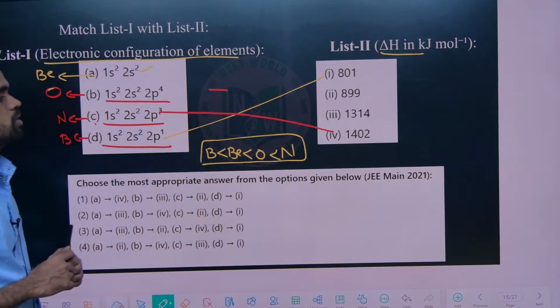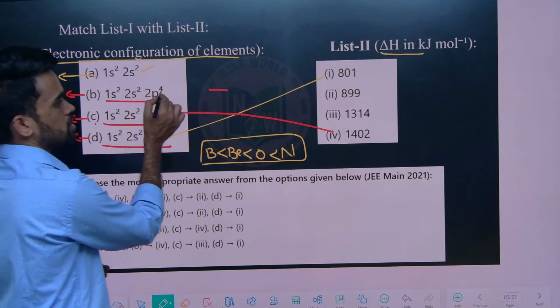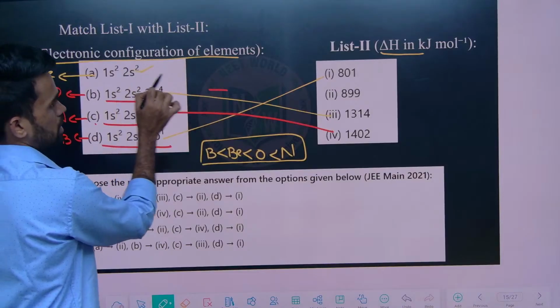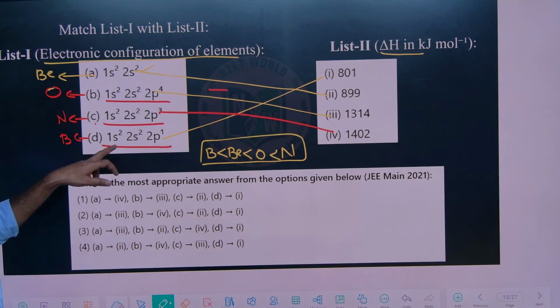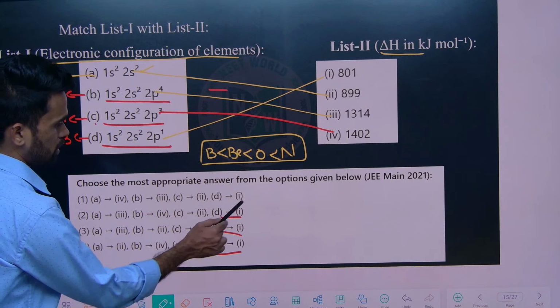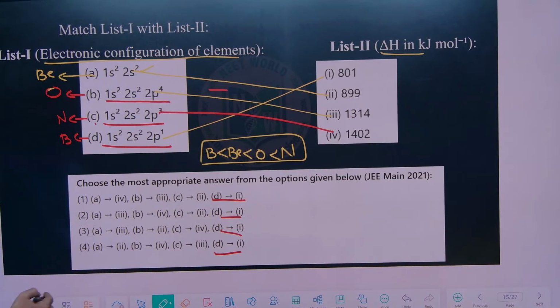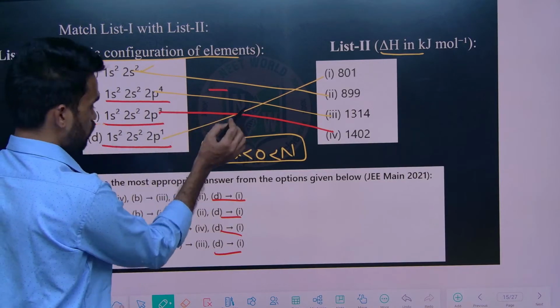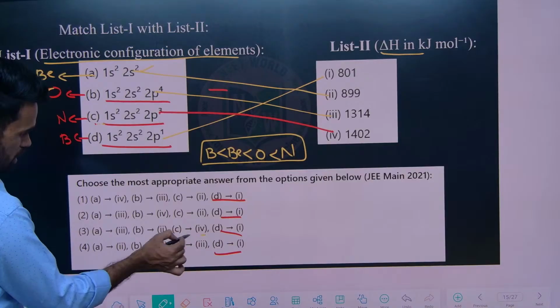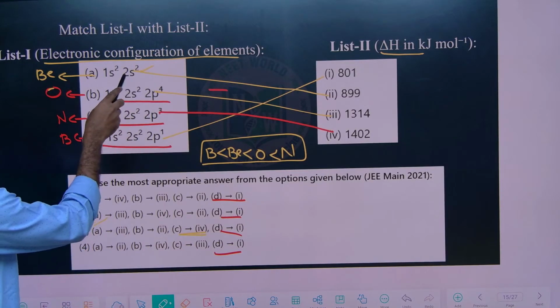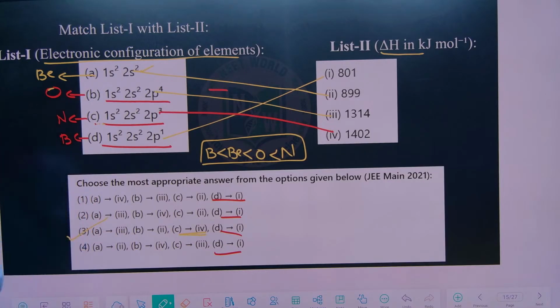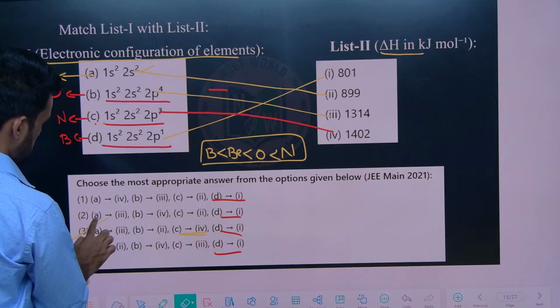After that oxygen should be there, and finally A. So where do we have such an option? D1, everyone is D1. Next, the highest is for nitrogen, C4. Only one option we have, so go with that. C4, A3, let's see once again.